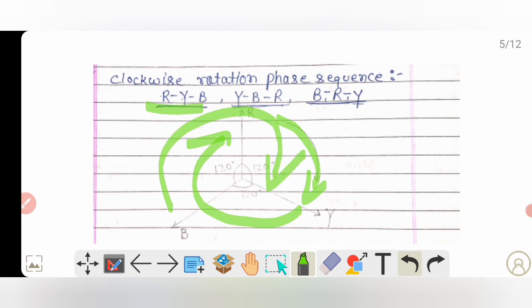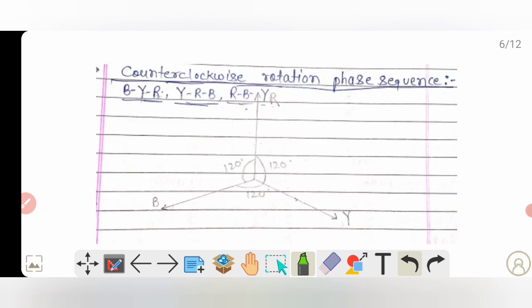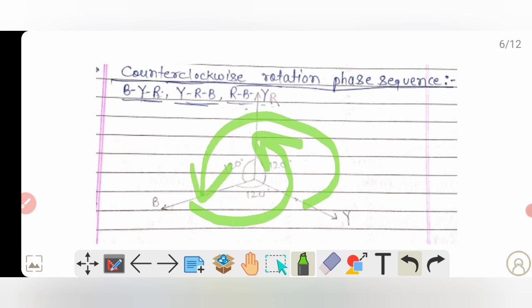So this is the clockwise rotation of phase sequence. And if we talk about the counterclockwise or anti-clockwise rotation of phase sequence, then as you can see here, it will be BYR in anti-clockwise direction, and then YRB, and then RBY. This is the counterclockwise or anti-clockwise rotation of phase sequence.